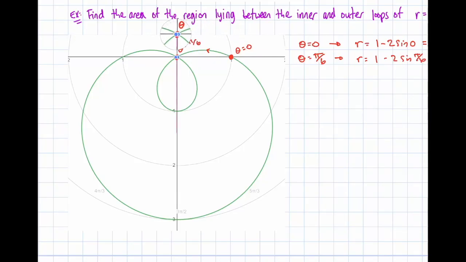And then you walk this way along the green line. So you start here, you're walking, you're still walking. I'm capturing all the area of this inner loop. I'm gonna keep walking out, all the way around back to where I started.